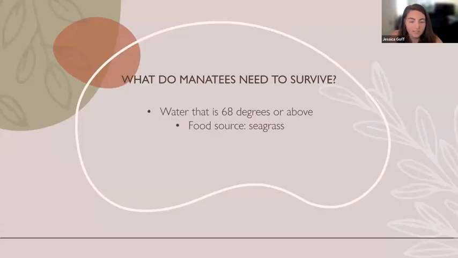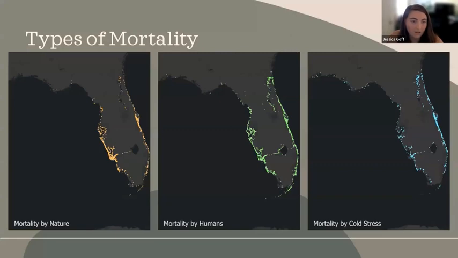So what do manatees need to survive? Well, they need water that is 68 degrees Fahrenheit or above, or they get what's called cold stress, and it causes them to die. They also need a food source like seagrass. So here are maps of 3 different types of mortality. The first one is mortality by nature.